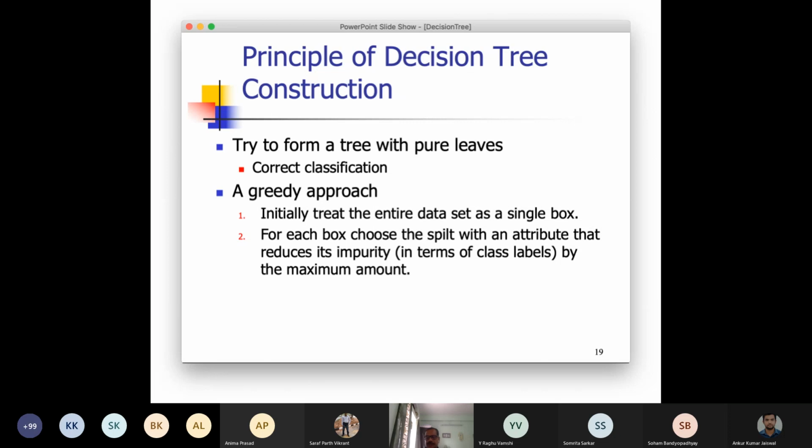That attribute should be chosen which will reduce the impurity, because your box is impure, having all kinds of labels of training examples initially. But if you can ensure that your partitions have some uniformity, in one partition or in both partitions, the impurity can be less.